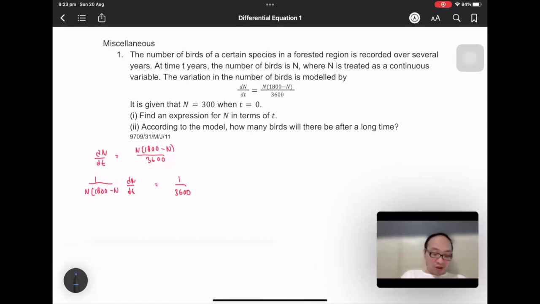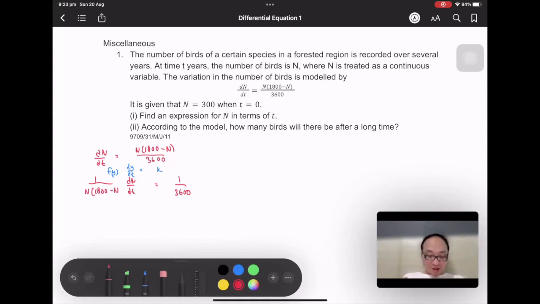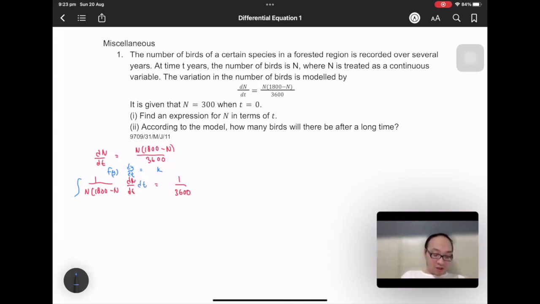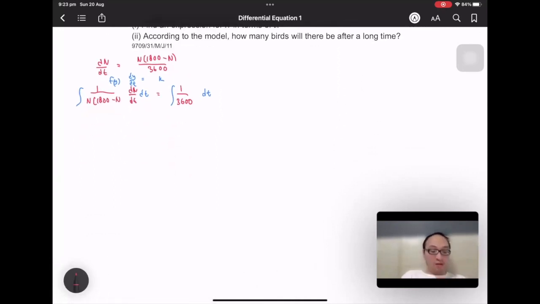If we have f(y) dy/dt equals k, we can now integrate both sides with respect to t. And then we have the integral of 1 over n(1800 minus n) dn equals the integral of 1 over 3600 dt.